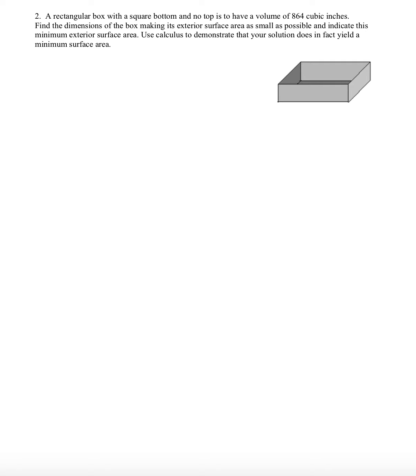So my first step here is I'm going to designate variables. Let's call the side length of the box S. Since it has a square bottom, this dimension here will also be S. And the box will have a height.